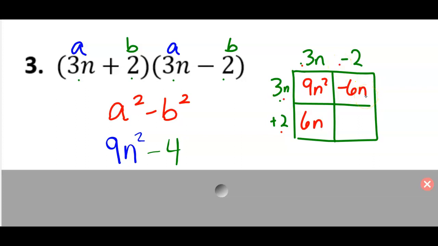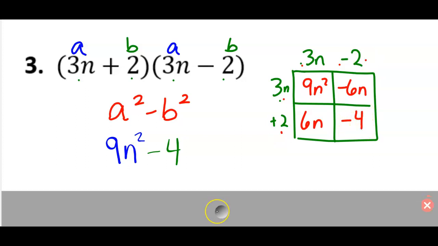That'll zero out. And 2 times negative 2 gives me negative 4. Because this will zero out, my 9n squared minus 4 came from that. Okay. Let's look at one more example.